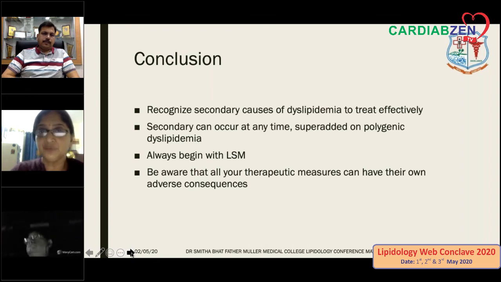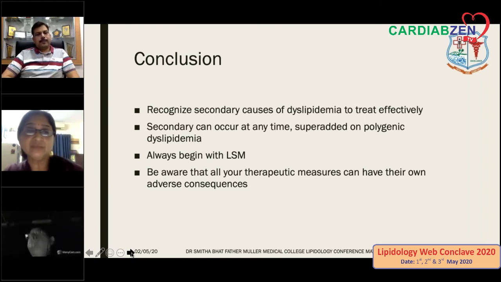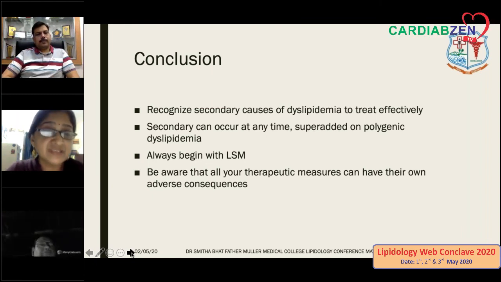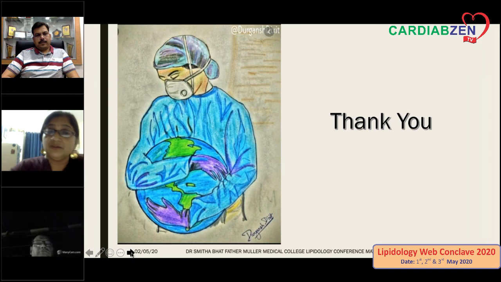Never forget to begin with lifestyle modification. It's not just enough to prescribe lifestyle modification. You have to be convinced, and you have to convince your patient to follow that prescription sincerely. Be aware that all your therapeutic measures, like a very low fat diet, like your bile acid resins, all of these can have their own adverse consequences. So thank you all.